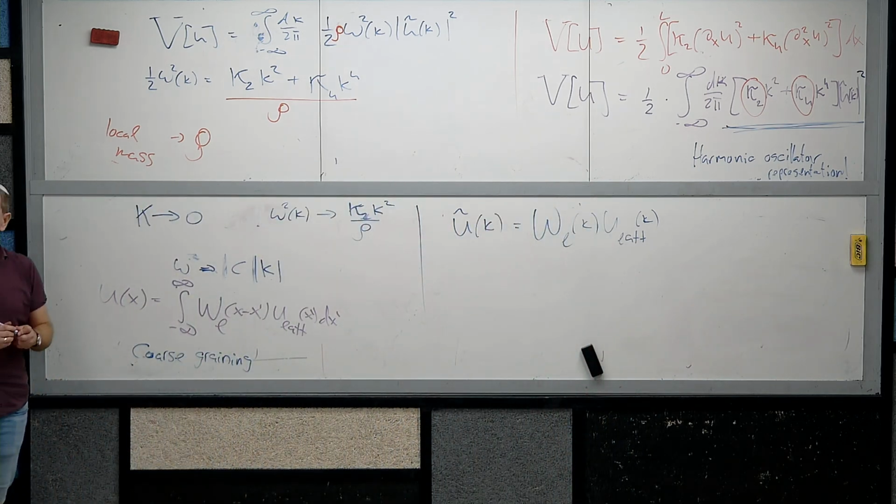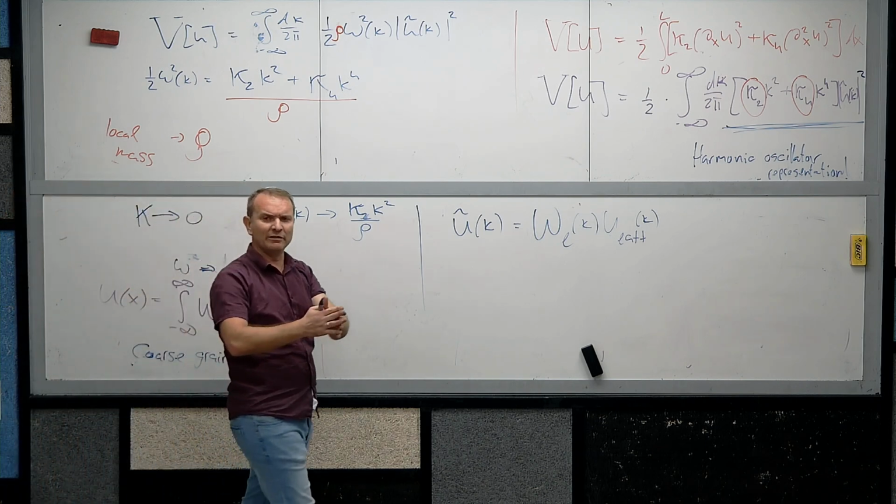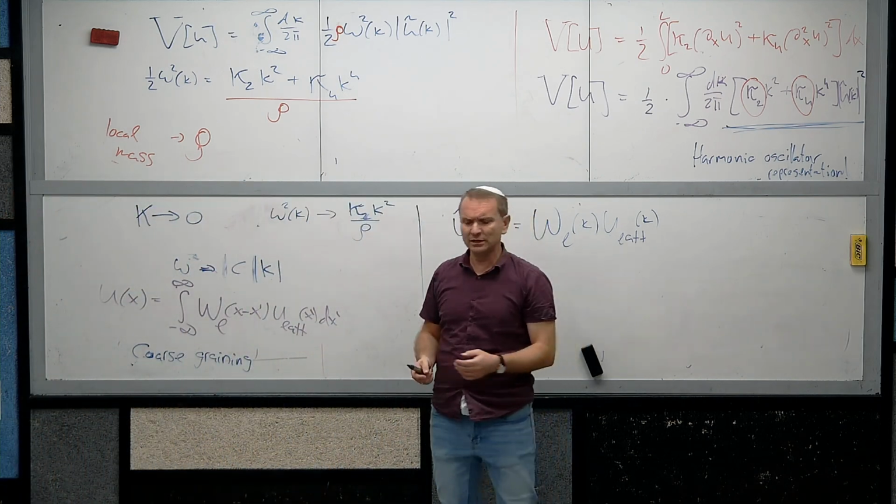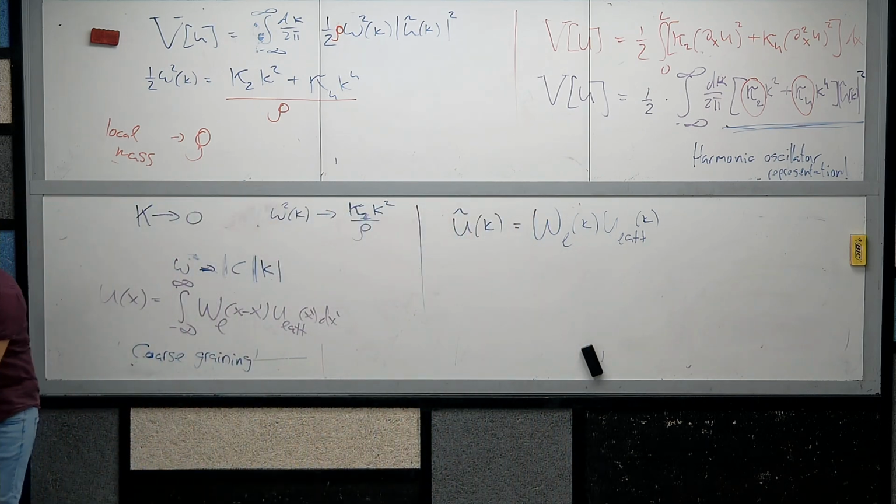So remember, we had two different w's. We have a top hat and we have a Gaussian. It's easier to describe it with a Gaussian.